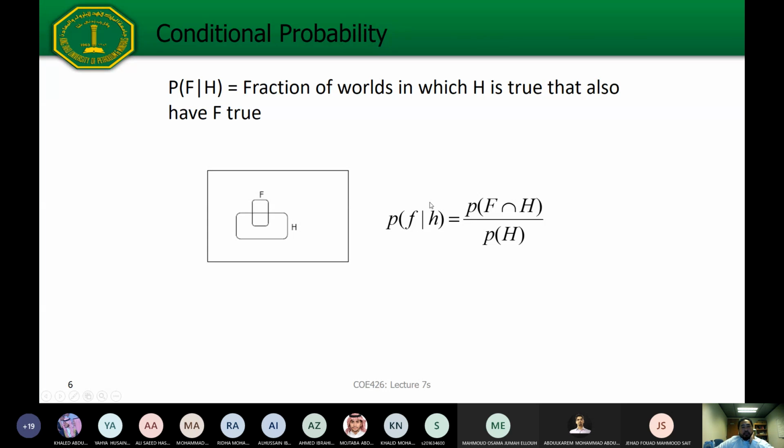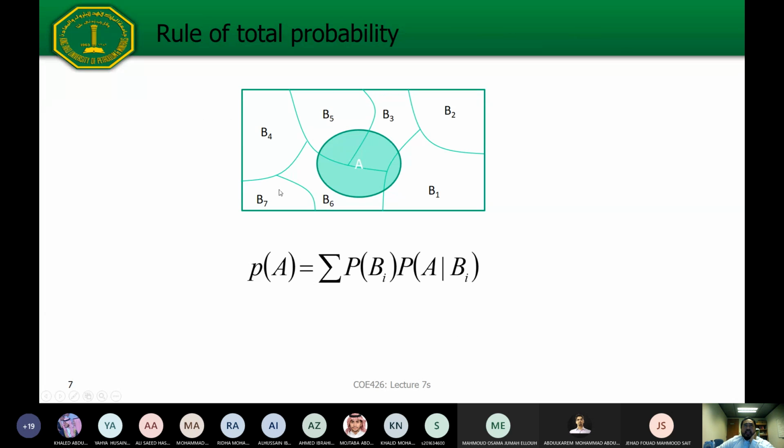And using the Bayesian rule, the conditional probability is equal to the probability of F intersect H divided by the probability of H. So convince yourself this is correct: the probability that F is true given H is true is nothing but the probability of this space divided by the probability of H. Okay. And this is the rule of total probability.